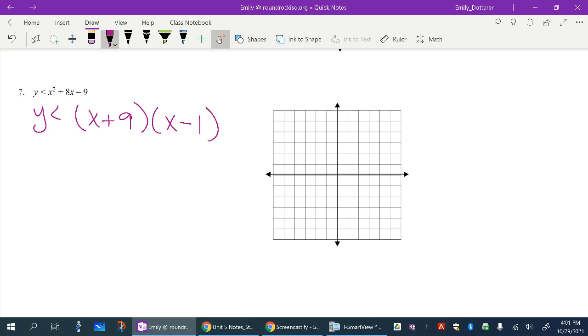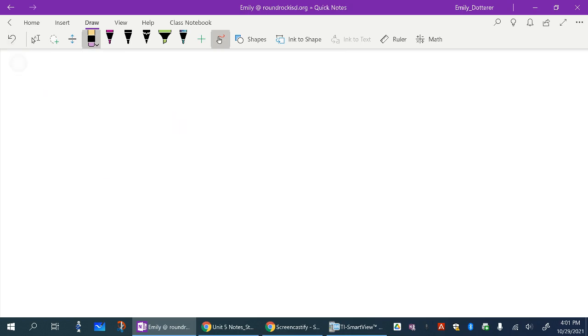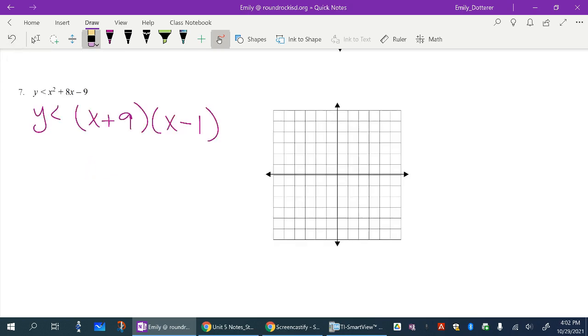Those are your x-intercepts, so there we go. So negative 9, 0, and 1, 0 would be the x-intercepts on this one.